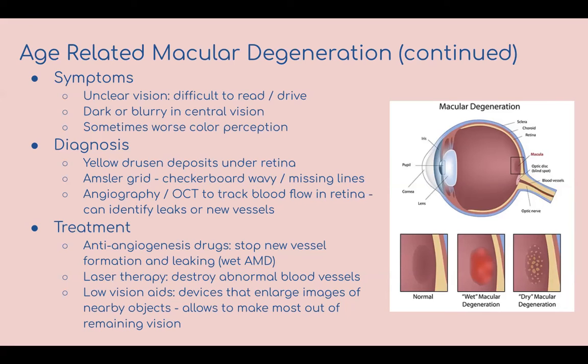For the diagnosis, you can see some yellow Johnson deposits in the back of the eye, which is the retina. Also, there are several tests that can be done to confirm that someone has it. There's the Amsler grid test, which is composed of black and white lines. If it appears to be missing some lines, or if they're distorted or wavy, then it is more likely that you have it.